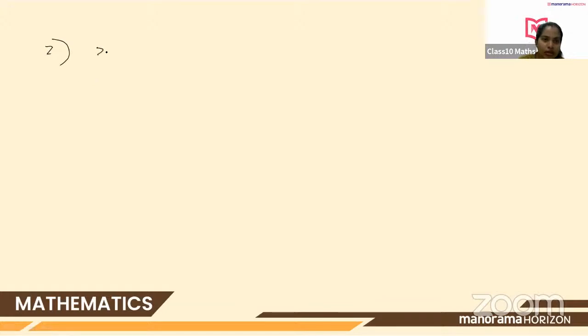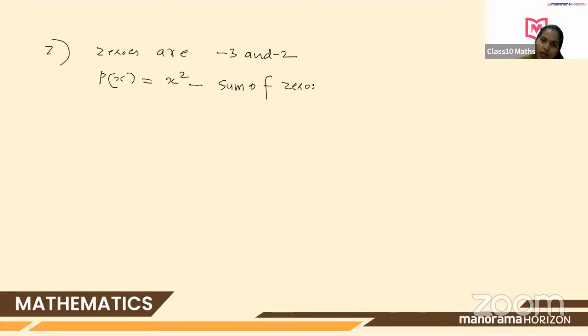So, the given zeros are minus 3 and 2. Minus 3 and minus 2 are the given zeros. And we have a formula for that. That is P of x is equal to x square minus sum of zeros into x plus product of zeros.